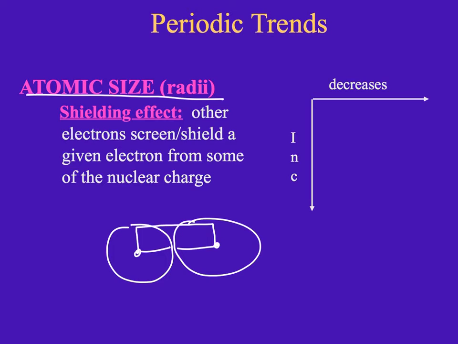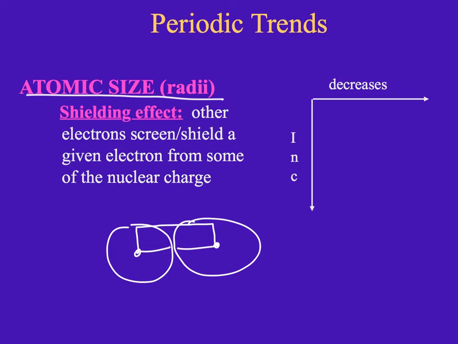So you need to know these trends. Notice that size, as you go down the periodic table, increases. It gets bigger in size; the atoms will typically get bigger. And as you move across the periodic table, the size of the atom is going to get smaller, okay?